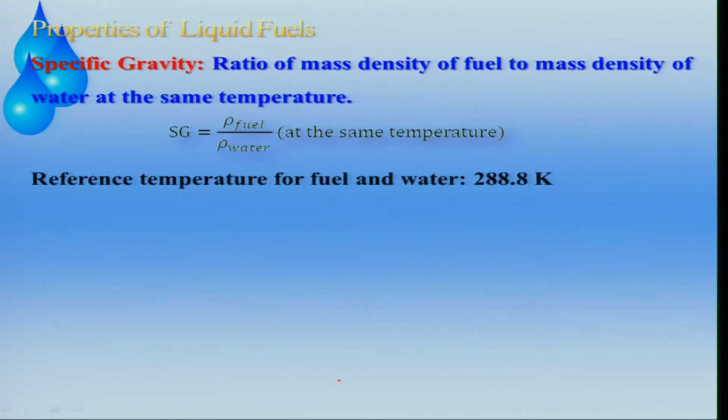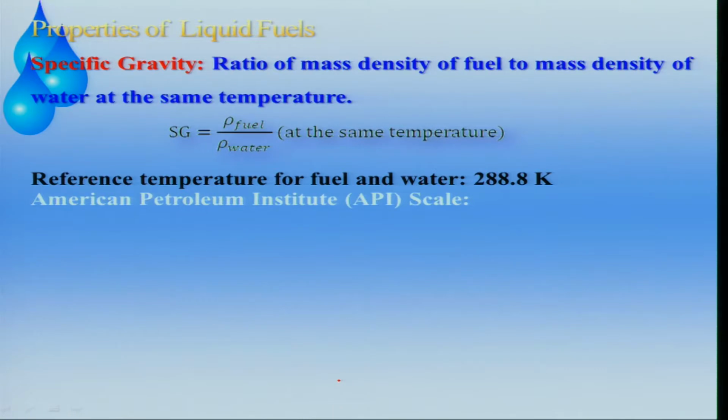Generally the reference temperature for both the fuel and water is taken as 288.8 Kelvin. And this specific gravity is a very important aspect, because it will tell you about the volume contents and also the amount of reactions in the combustion and other things.